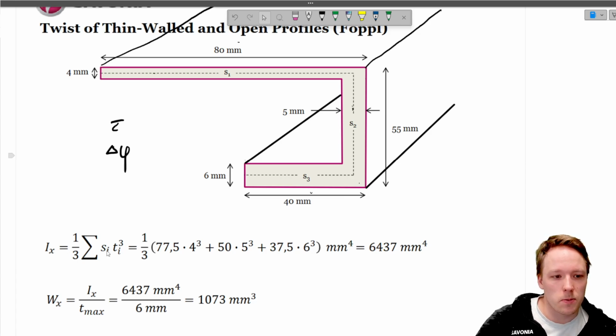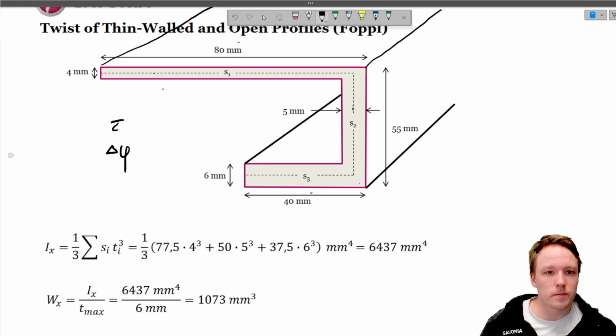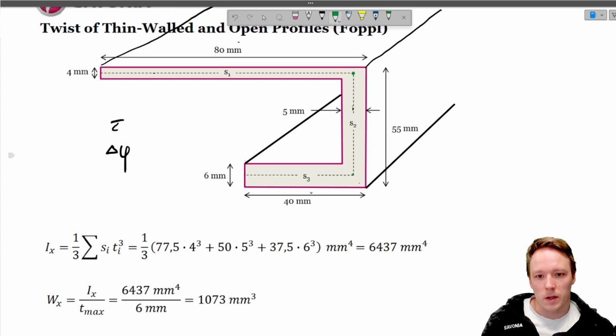What about the Si and Ti? Well, in order to define the Si and Ti, we have to draw an imaginary center line across the entire profile as shown in here. When we have drawn the imaginary center line, we calculate the length of each of these center lines.